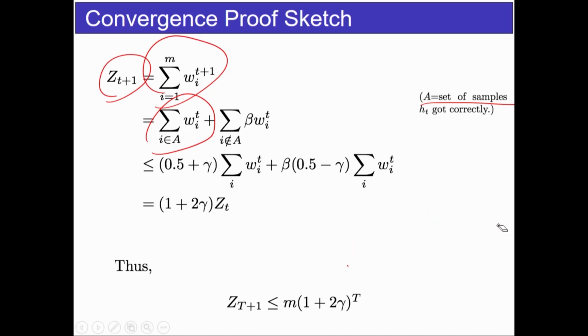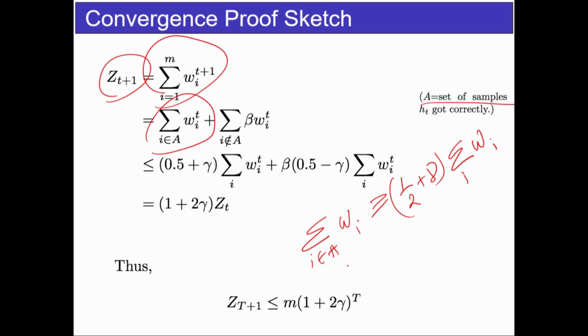What is your weak learner guaranteed to do? It is guaranteed to do at least gamma better than random. The total weight of the samples it got right is the sum over i in A of w_i, and this is at least half plus gamma of the total weight. That's the weak learner assumption.